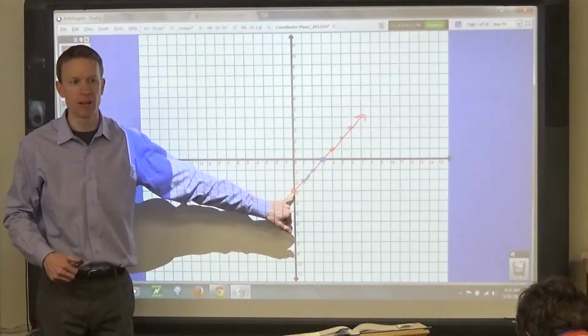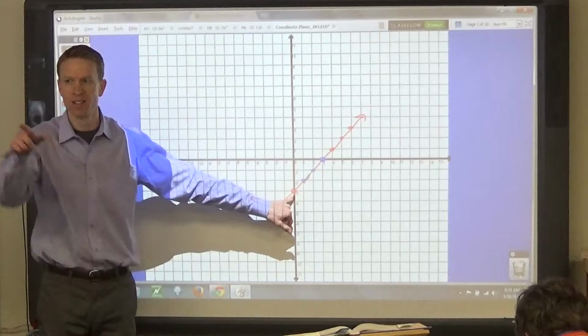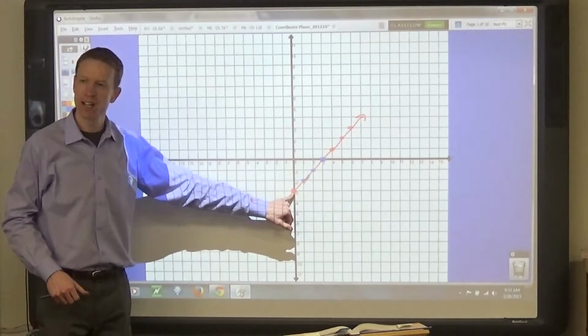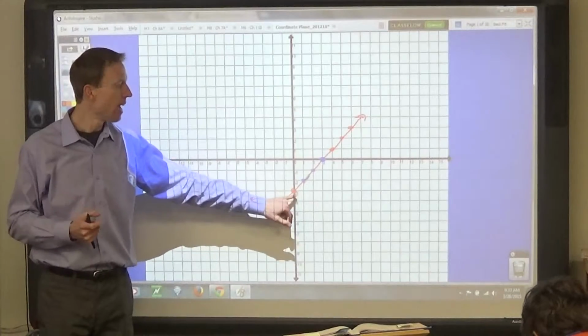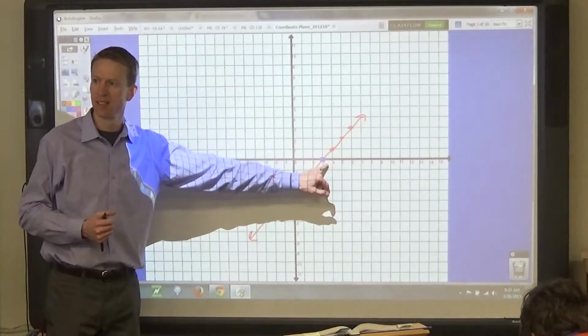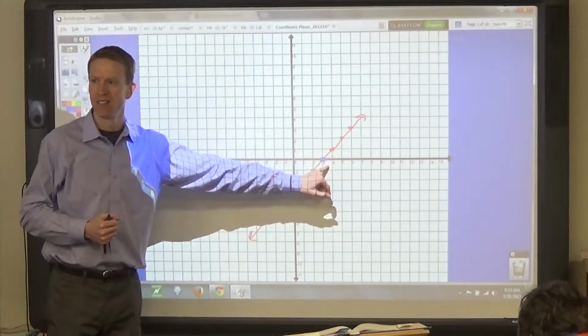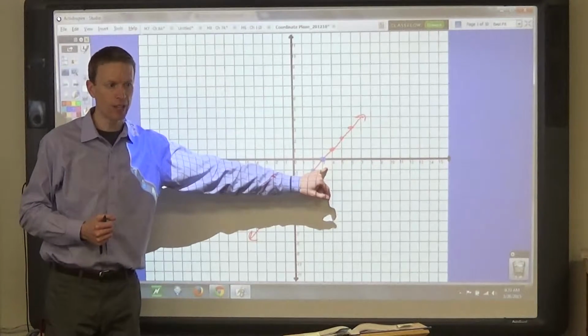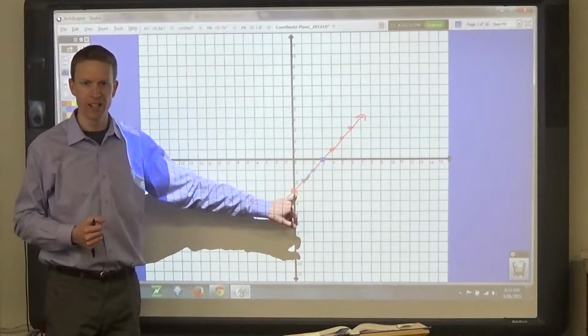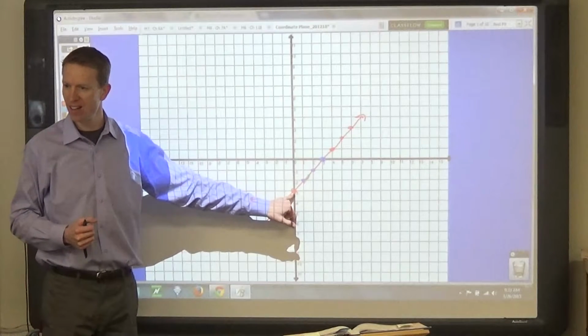Where's the y-intercept in this equation? 0, -3, or you can say the y-intercept is -3. The x-intercept is 3. Any questions on that?